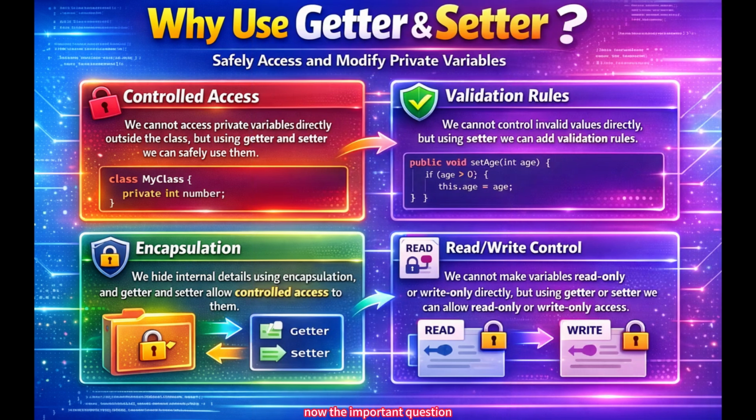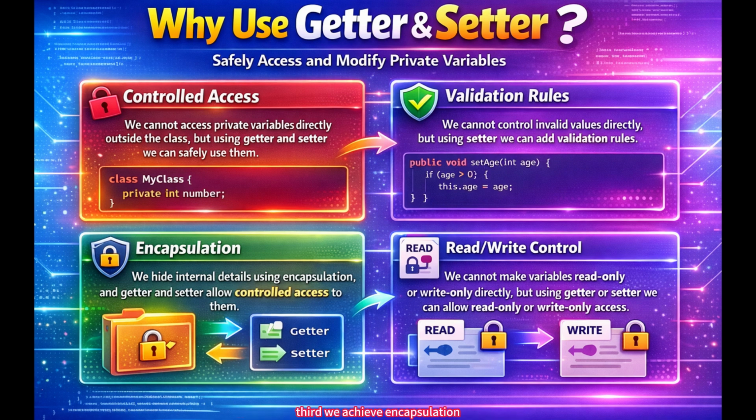Now the important question. Why do we use getter and setter? There are several important reasons. First, we cannot access private variables directly outside the class. Getter and setter provide safe access. Second, we can control invalid values. Using a setter, we can add validation rules before assigning the value.